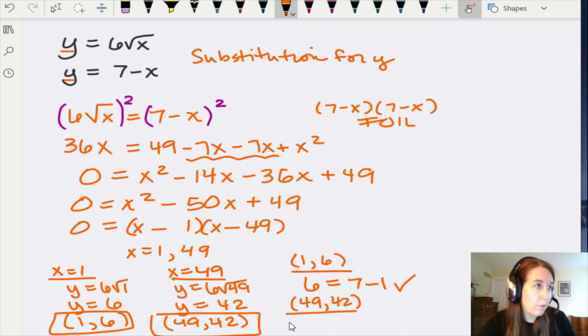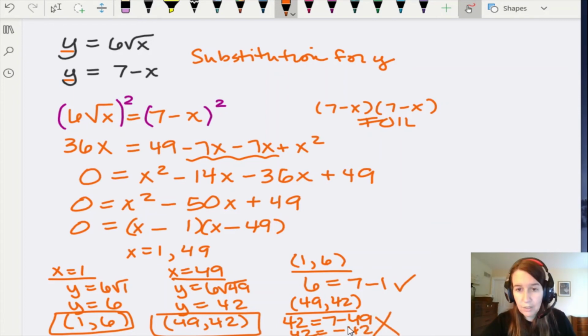So if we plug that in, we get 42 equals 7 minus 49. But that 7 minus 49 is negative 42. Nope. So although we can plug it into one equation and get an answer, we're not getting the same answer from the other equation. So this is not a solution, and our only solution is 1 comma 6.